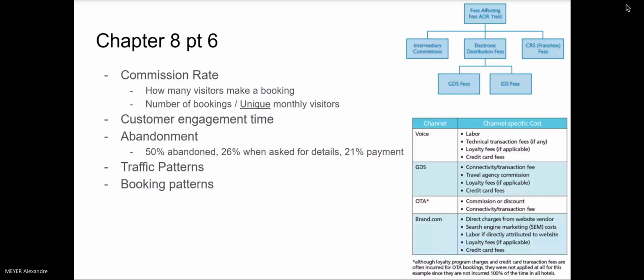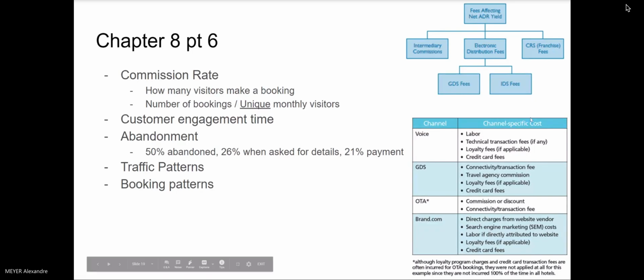So again, looking at the main factors that affect the ADR yield. Here on the right, you have a little example of it. You have the commissions, you have the distribution fees, you have the franchise fees. If you're on a central reservation system, you have to pay the fees there. You have the global distribution system fees. You've got the internet distribution fees.